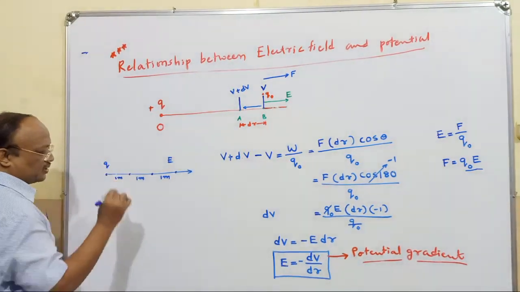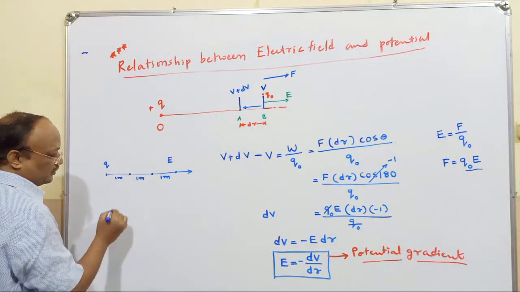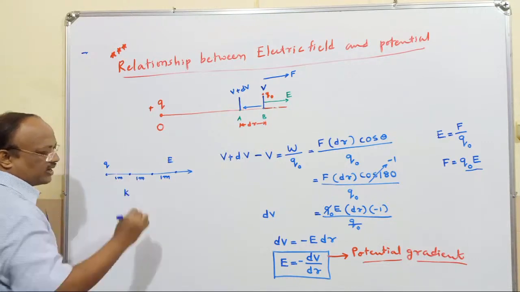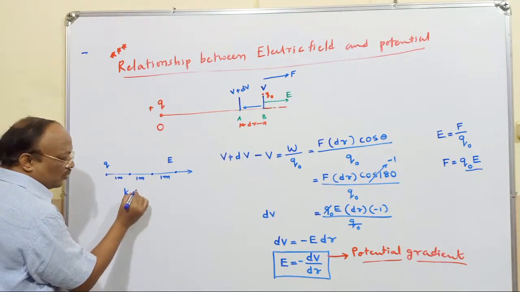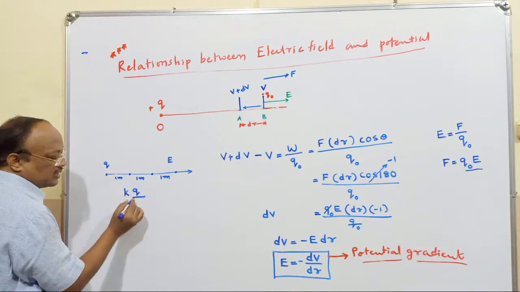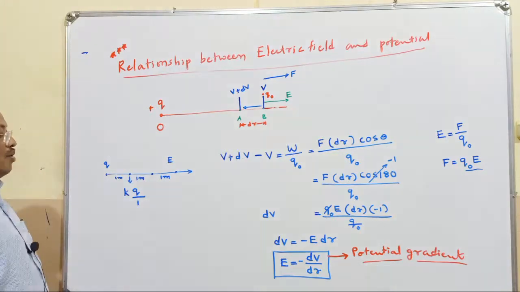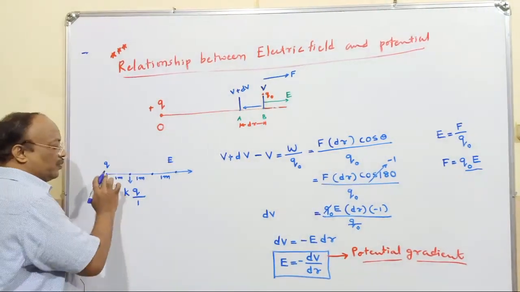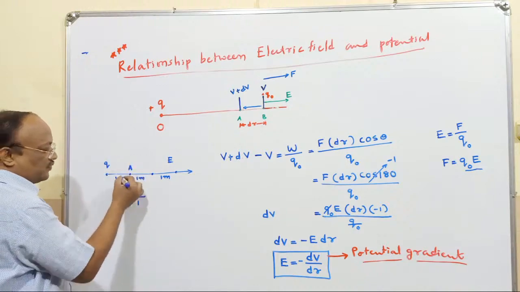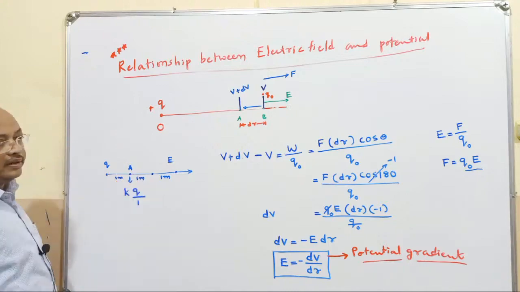So at this point, because of this charge, what is the electric potential? It is 1 by 4 pi epsilon, which I write as K, K into Q by R. What is R? This R is 1 meter. So at point A, because of this charge, it is KQ by 1.